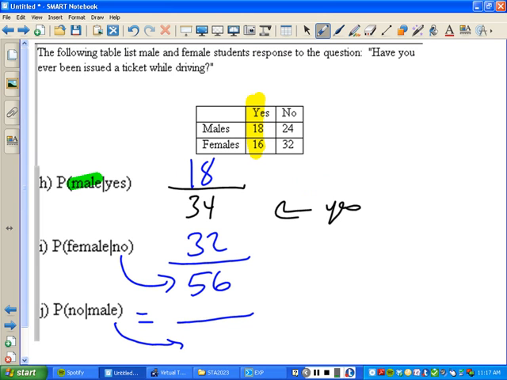That number goes to the bottom. There are 42 males. Out of those 42 males, how many of them said no? 24. And again, you can reduce all those fractions. Perfect. All right, any questions on that?